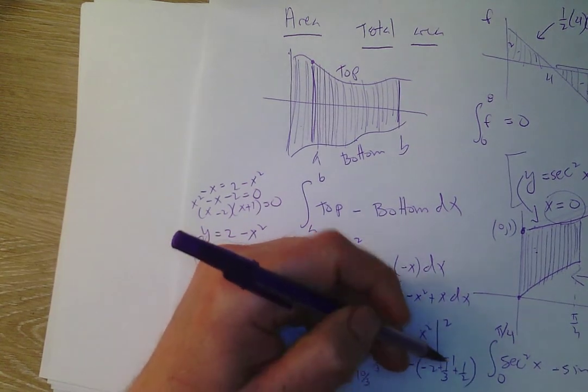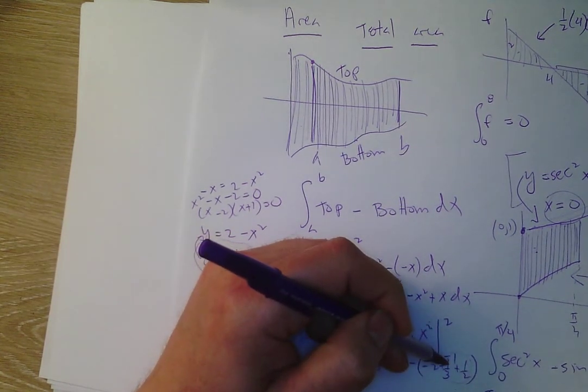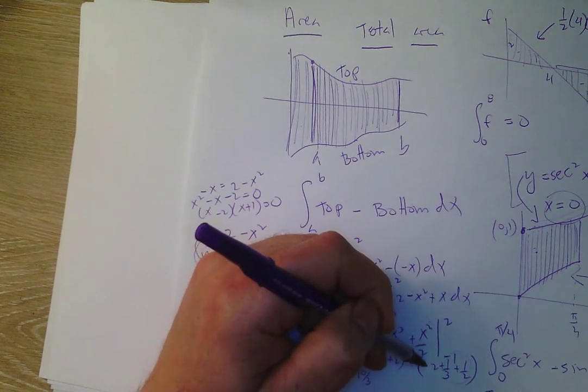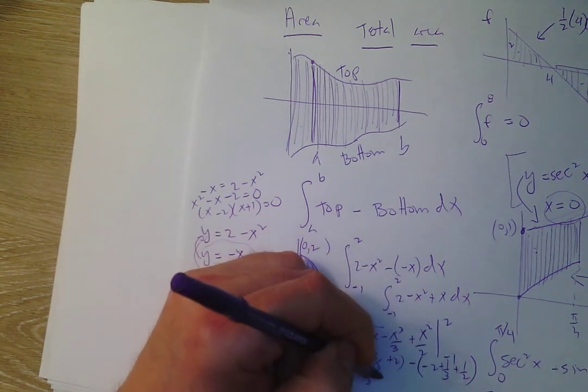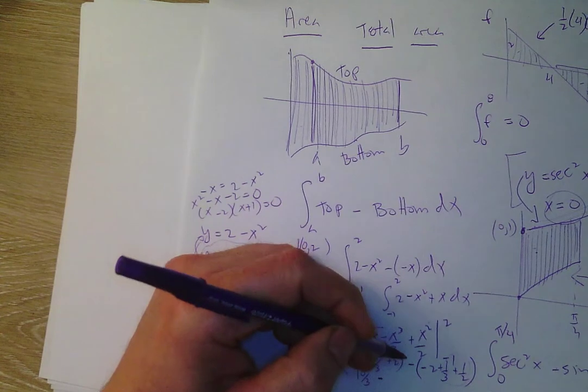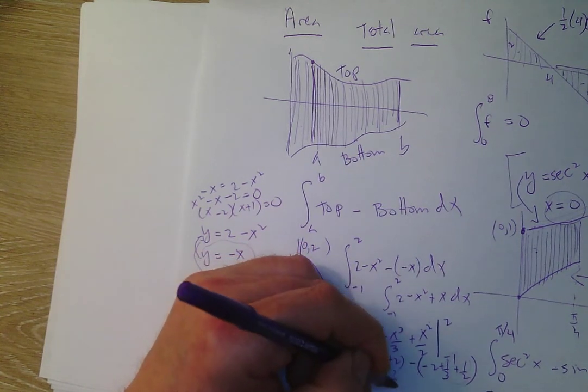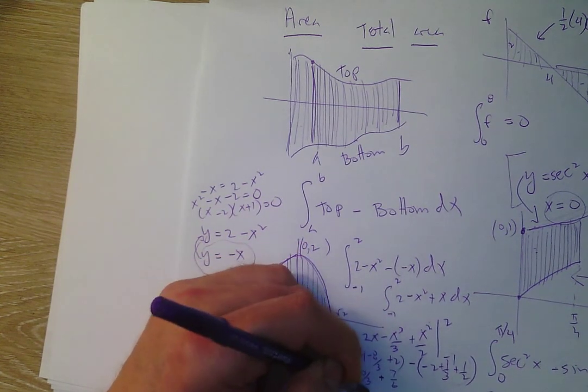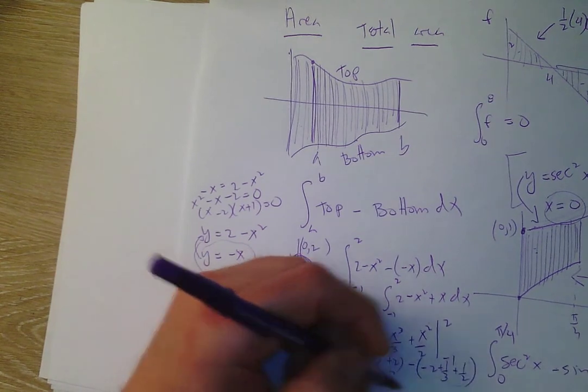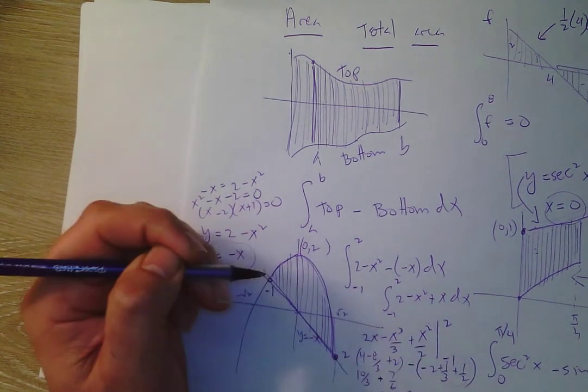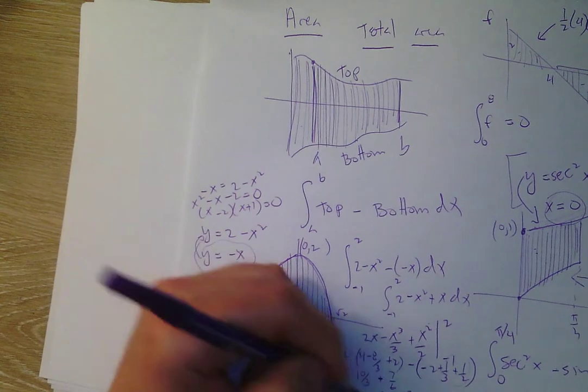And then over here, we've got 5 sixths minus 12 sixths is negative 7 sixths. So plus 7 sixths. So I get 27 sixths or 9 halves when I divide top and bottom by 3.